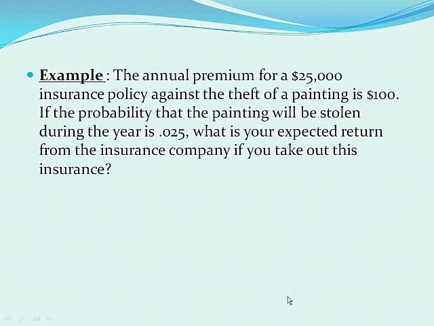Okay, one more example. The annual premium for a $25,000 insurance policy against the theft of a painting is $100. If the probability that the painting will be stolen during the year is 0.025, what is your expected return from the insurance company if you take out this insurance? So we can construct the probability distribution here.